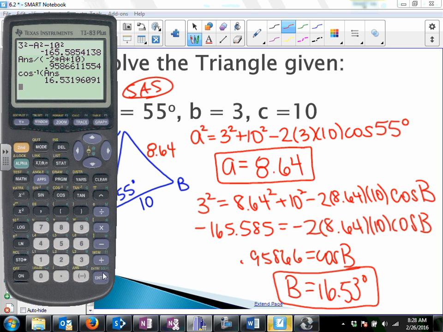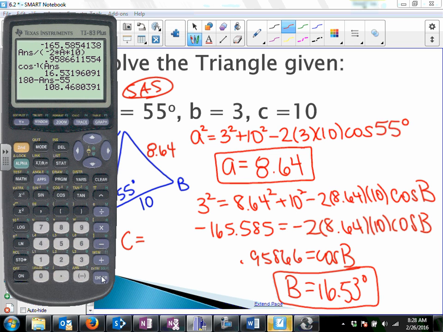Then, we don't have to worry about the law of cosines anymore. We now just have our third angle to find. So we can take 180 minus angle B, and so angle C is 108.47 degrees.